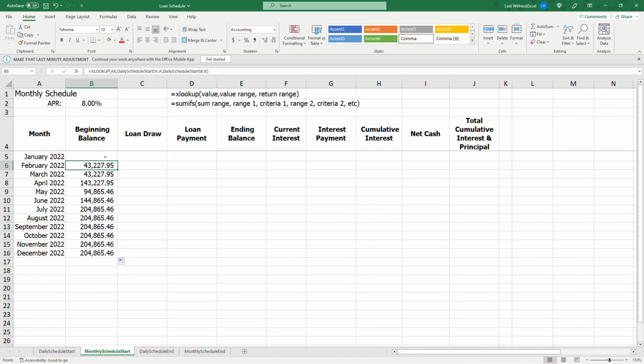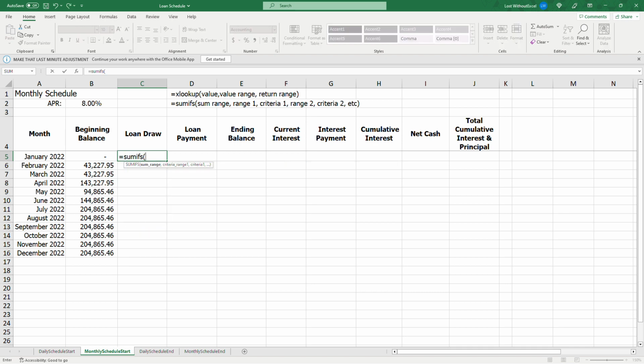For the loan draw, I'm going to do a SUMIFS statement. A SUMIFS basically means I'm doing more than one criteria. If I only needed one criteria, I would be fine with a SUMIF. But what I'm going to do here is add up all of the loan draws for all of January.